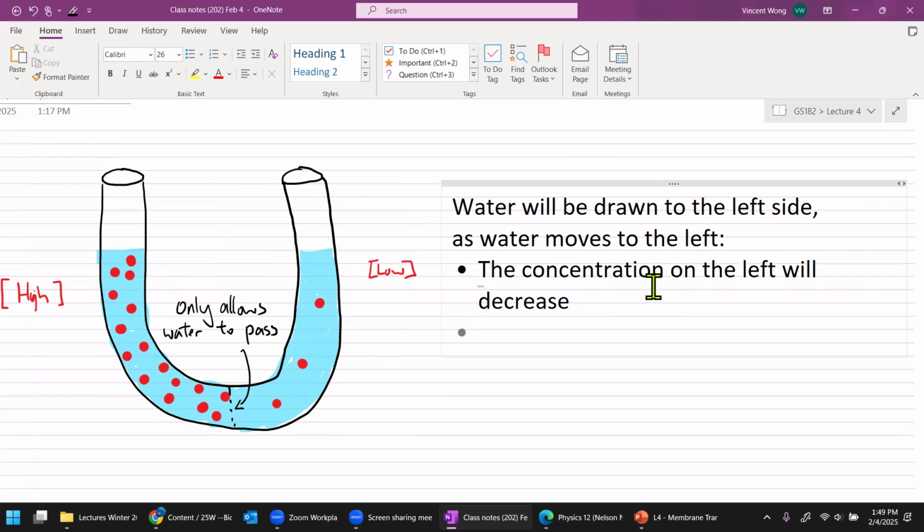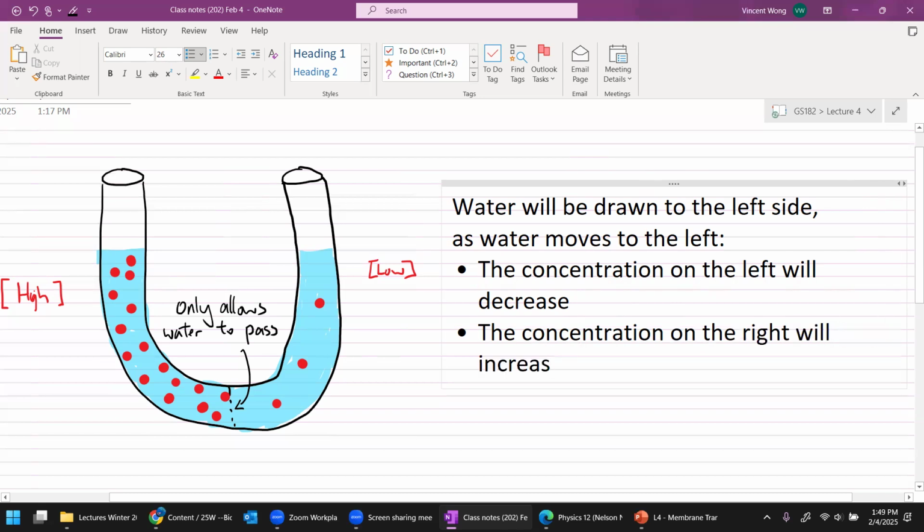What about the concentration on the right? That's right. As the water is leaving, the volume goes down here, and it's going to get more concentrated. Like if you cook, it's like reducing a sauce. You steam off all the water, and you end up with a thick, nice sweet sauce. So that's what's happening.